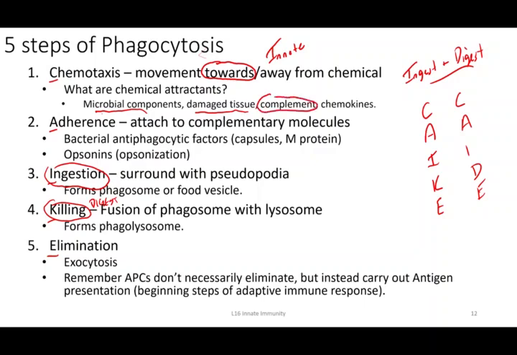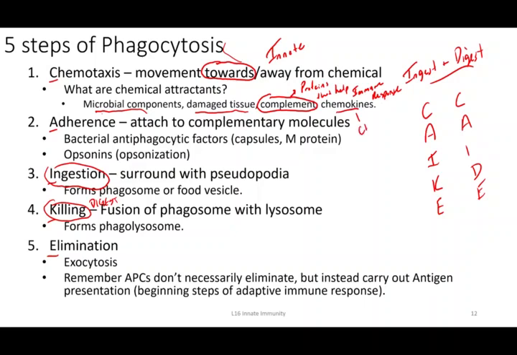Complement is something that we've touched upon. We haven't gotten to a great definition yet, so I've just defined those as proteins that help the immune response. And then chemokines are really specific.